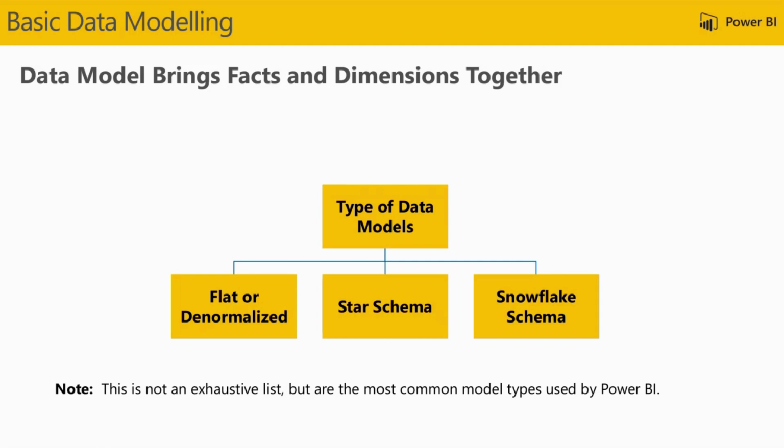This multi-level hierarchy of dimension tables is called a snowflake schema. This is not an exhaustive list. There are other schemas like waterfall schema and galaxy schema, but those are pretty advanced levels of data modeling, and we are not going to go into that today.